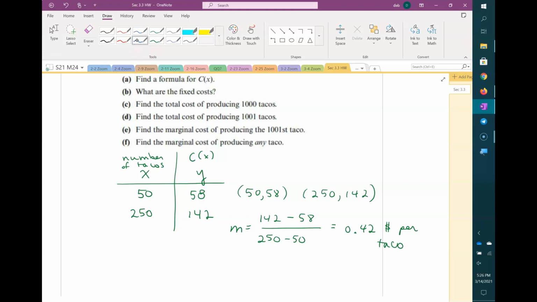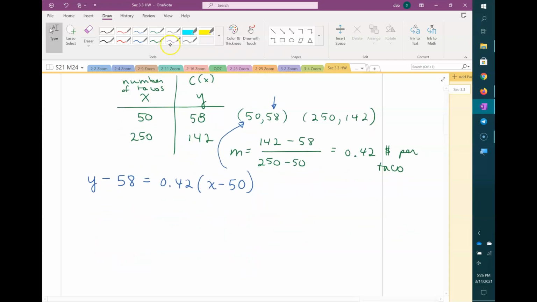So I also need a y-intercept, so I'm going to use the point-slope form just for practice and say y minus this given y of one of the points, 58, equals 0.42, the slope, times x minus the x coordinate of a point that I know.